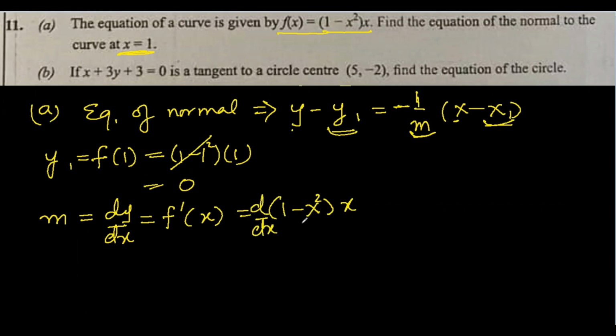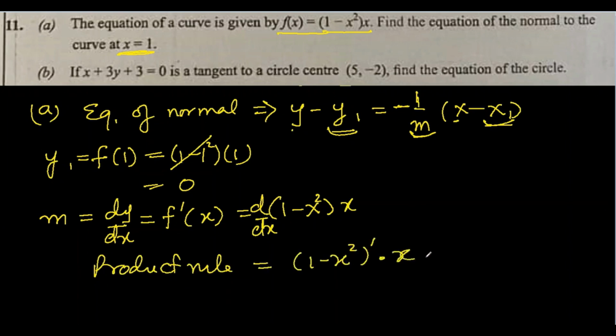Let me use the product rule. In that case, it will be the differentiation of the first factor, but no change in the second factor, plus 1 minus x squared will be unchanged, but the second factor will be differentiated.